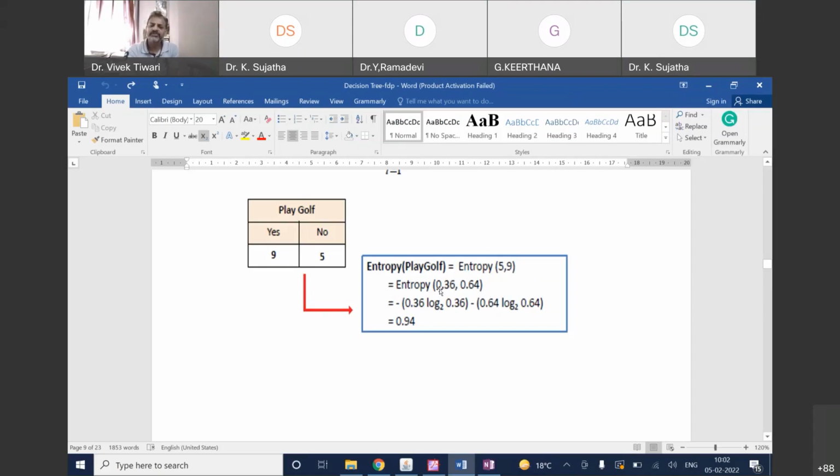This is the fraction of the C1 class and the fraction of the C2 class. You put them into the formula: minus fraction times log base 2 of the same value, like that. Whatever number you get is called the entropy of that variable, the entropy of that class.